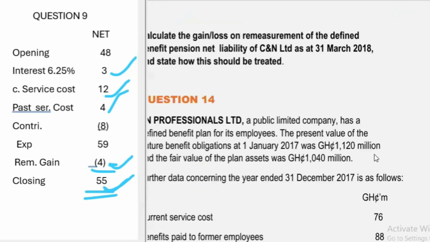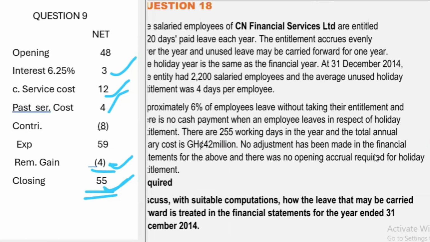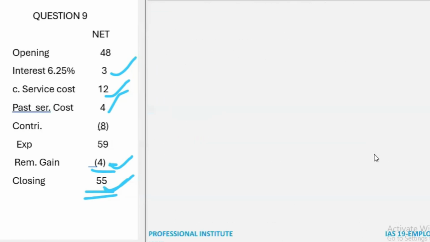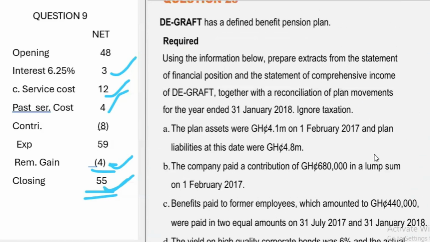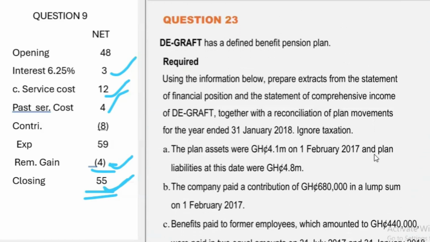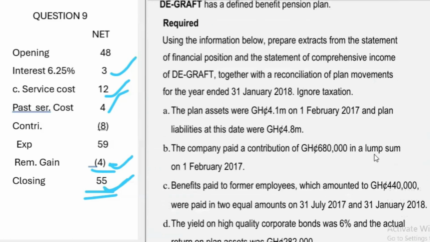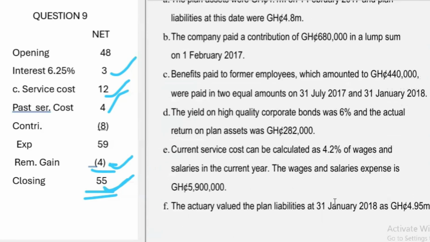When we are done, we know that we really understand IAS 19. So we'll have another question and answer session where we solve this question, the Graph PLC question. It's a very nice question, has everything in it, right? So I'll see you in the next video, or I'll see you in the next session.